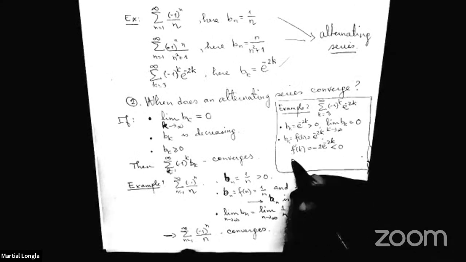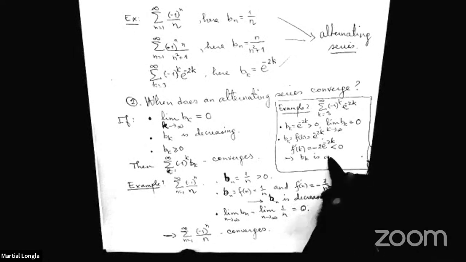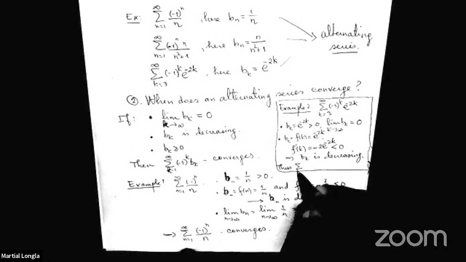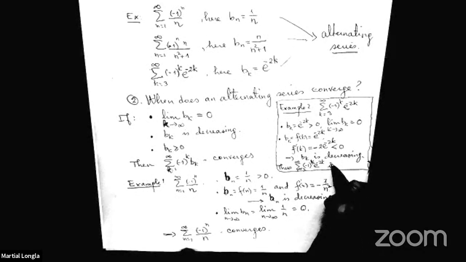And the negative shows you that it is decreasing. So bk is decreasing. So all the conditions are satisfied. Thus, the sum from k equals 3 to infinity of negative 1 to the k times e to the minus 2k converges. That's it.